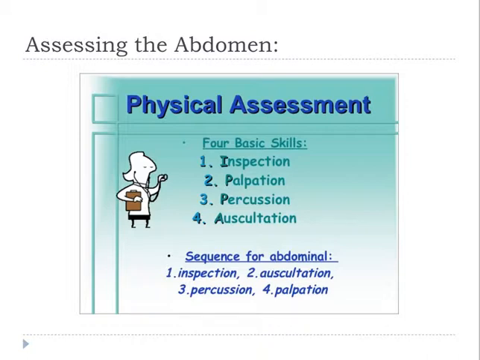When we palpate, we are assessing in the abdomen for tenderness, lumps, masses, pulsations, crepitus, which is kind of like a Rice Krispie feel when you push on it, or muscle guarding. So you push somewhere and their stomach tenses up or they go to guard their stomach in reaction to your touch.